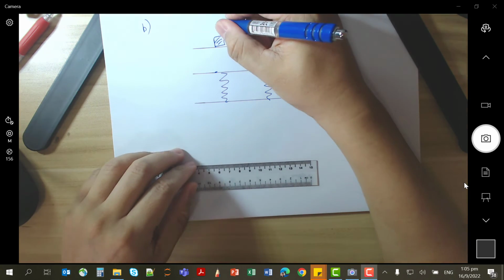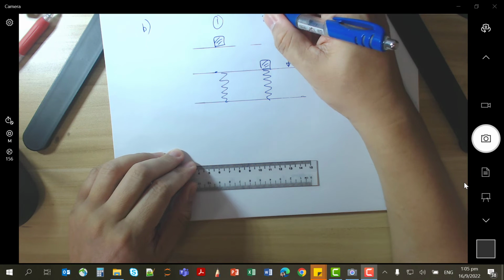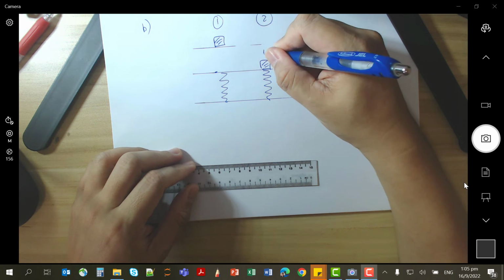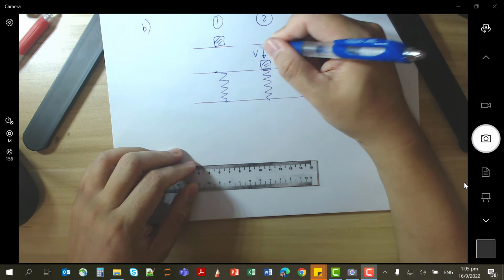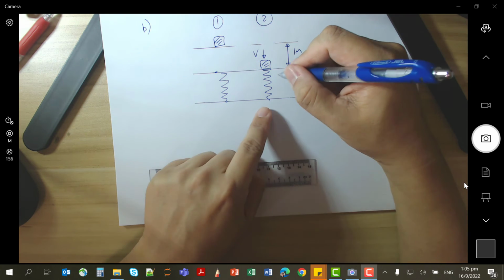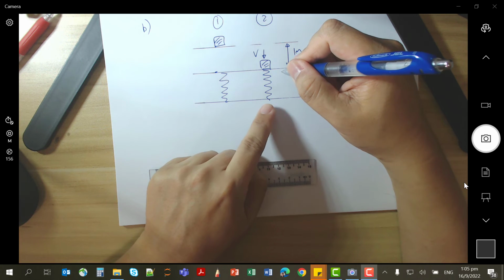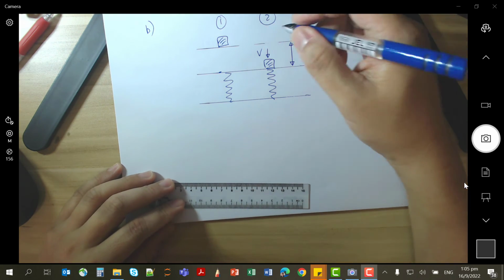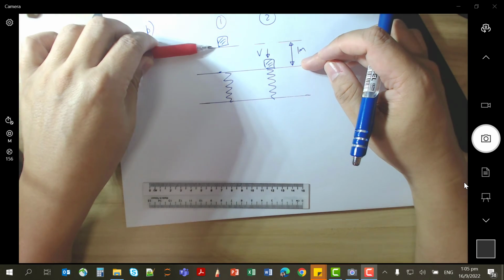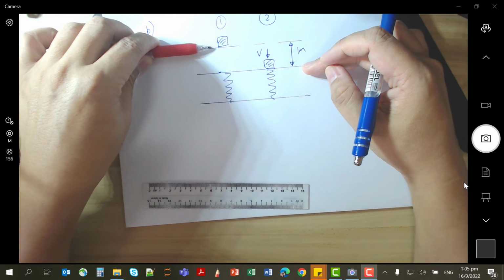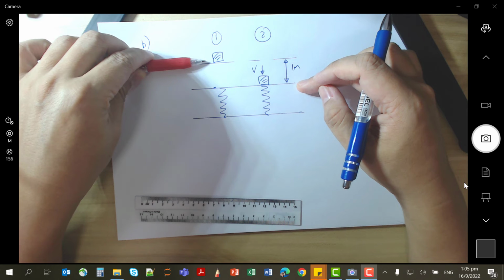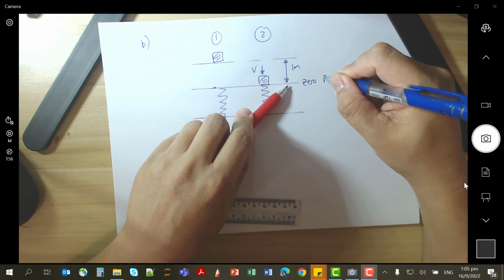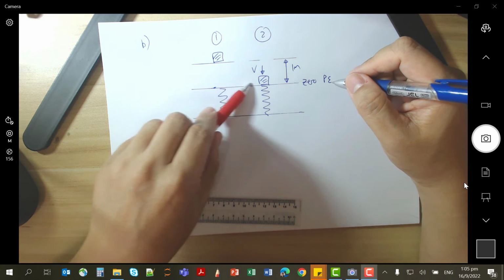This would be your state 1 and this would be your state 2. At this point, before it touches the spring, the object still has a velocity, but the spring does not have any compression. So in state 2 there is no spring energy. Between these two heights, which one should we define as the 0 potential? Always take the lower one. So this will be your 0 PE line.